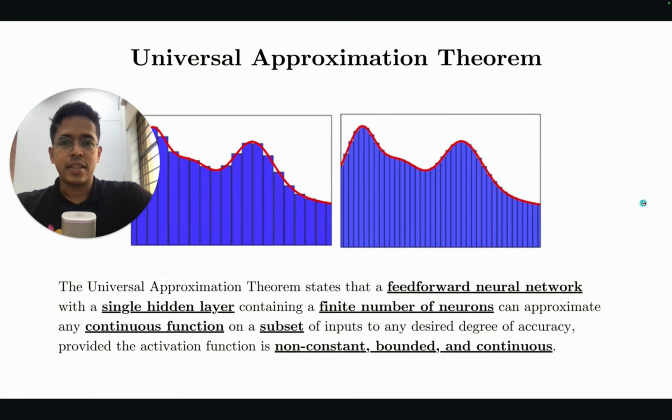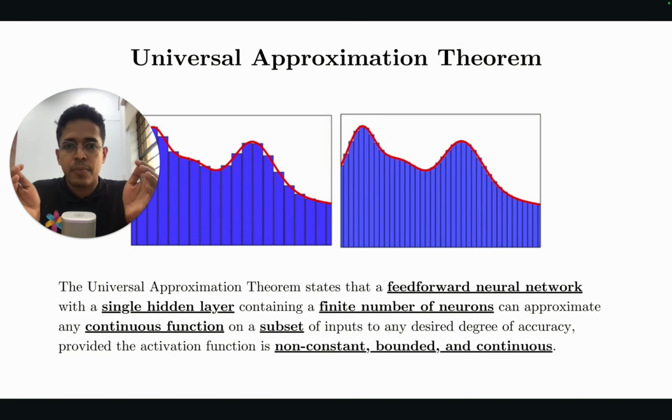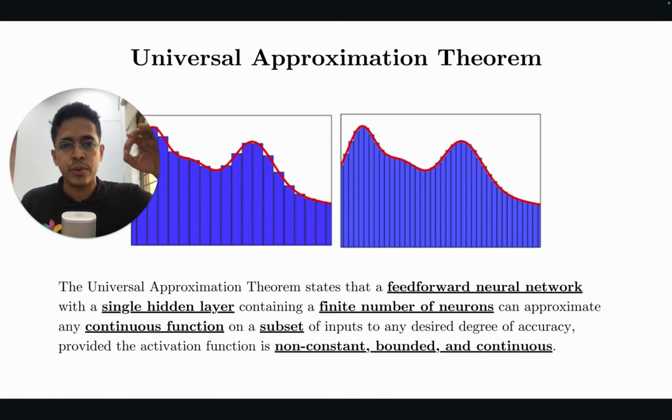Universal Approximation Theorem states that a feed-forward neural network with just a single hidden layer, and this single hidden layer will just have finite number of neurons or nodes, and this kind of a neural network can approximate any continuous function within a range or a subset of input values. So this function will have set of inputs.